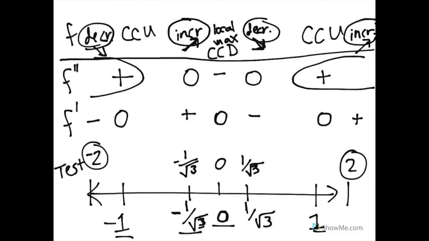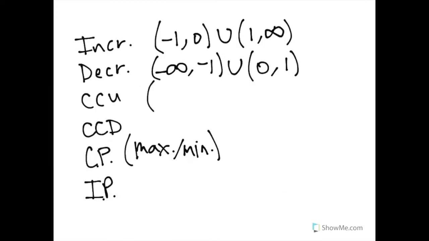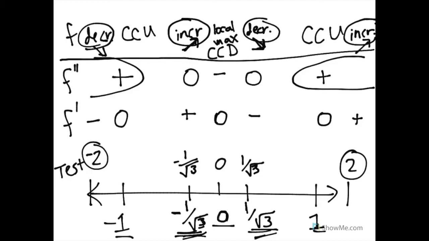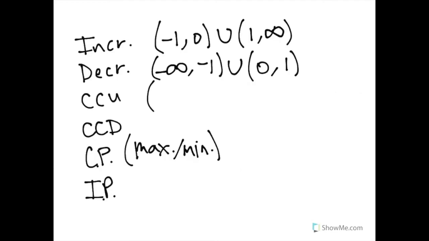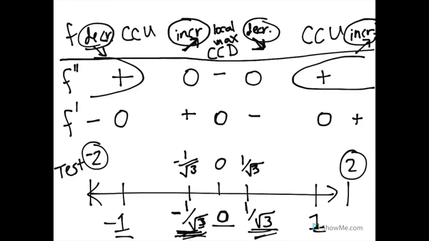Okay, concave up and concave down. There were 2 inflection points on the bottom, so there should be 3 intervals where we have concave up or concave down. This is concave up on the interval from -infinity all the way up to our first inflection point, -1 over square root of 3.